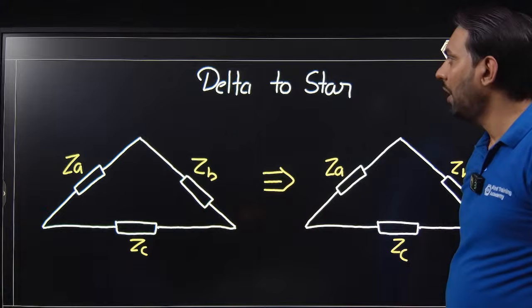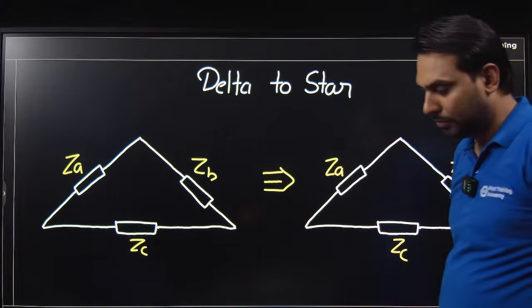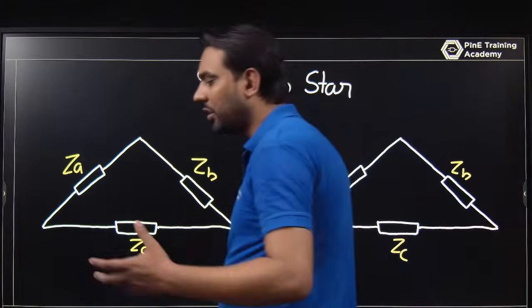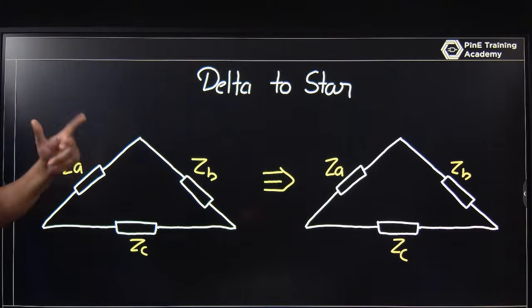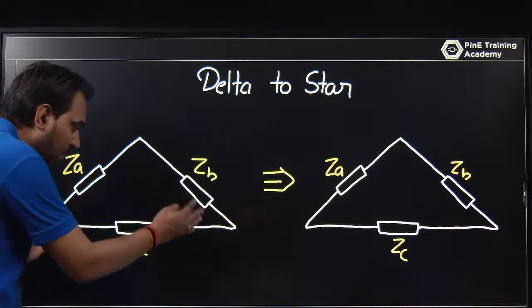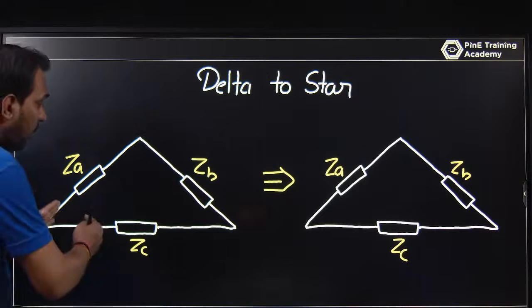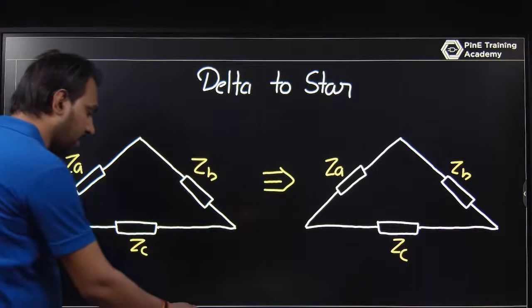Okay, let's talk about delta to star. If you have a question where you are trying to determine values for delta to star, you have this type of circuit and you are trying to convert it into a star formation.